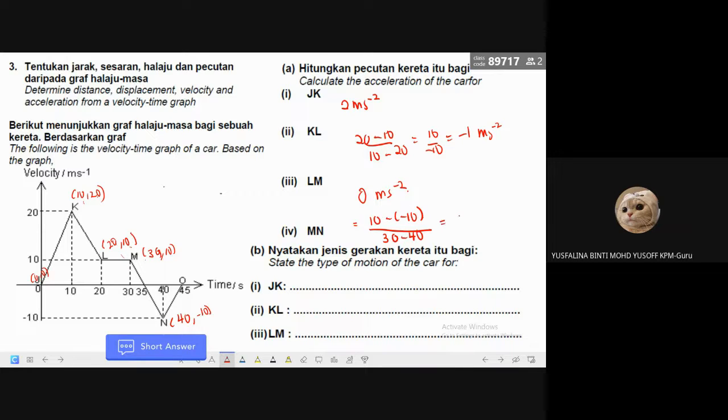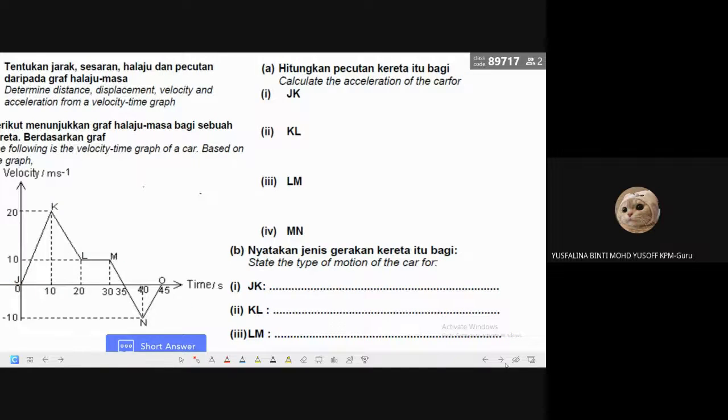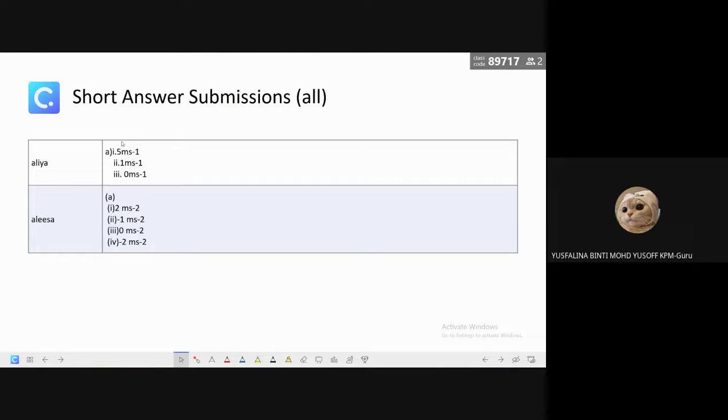So this will become 20, and this one will become negative 10. So it becomes negative 2 m/s². So 2, negative 1, 0, negative 2.